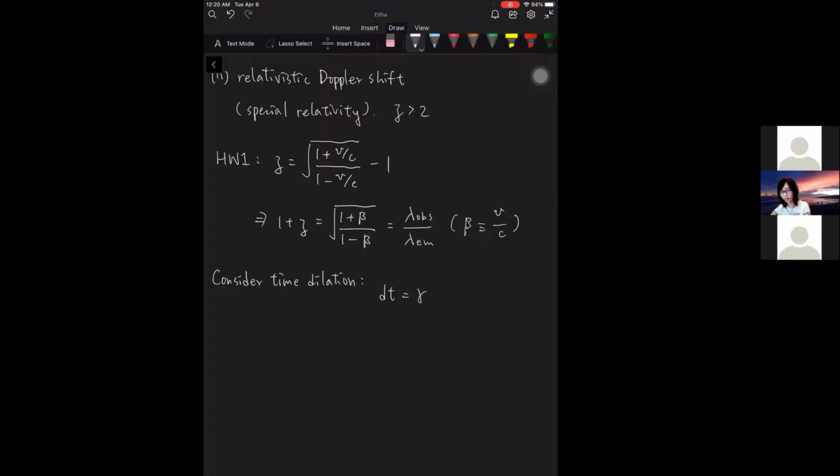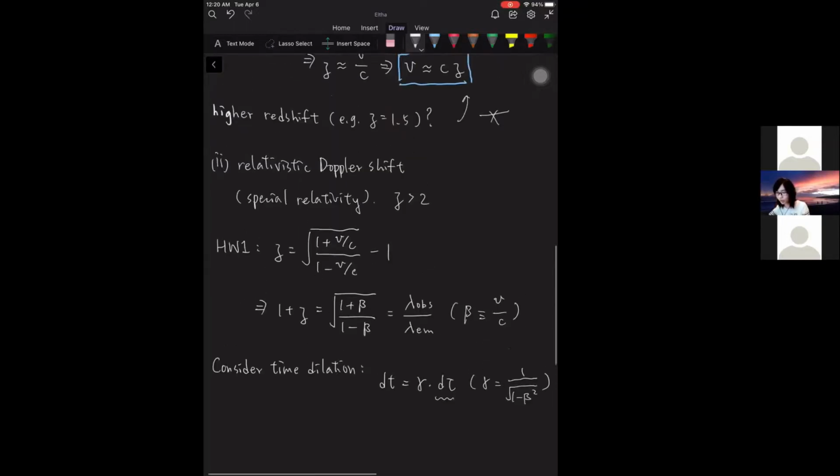So dt equals gamma times d tau. So d tau is just the proper time observed in the co-moving frame, and gamma is defined as 1 over the square root of 1 minus beta squared.